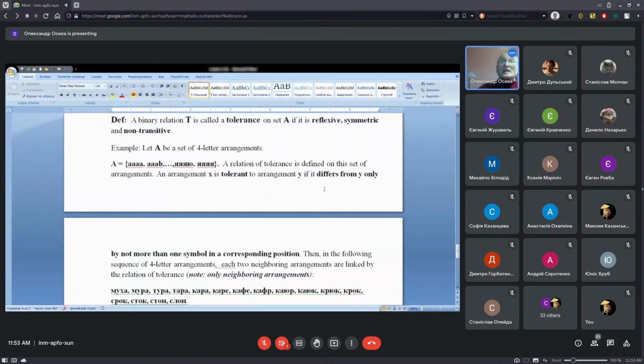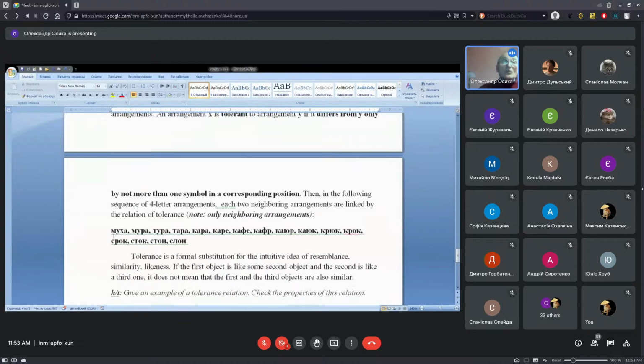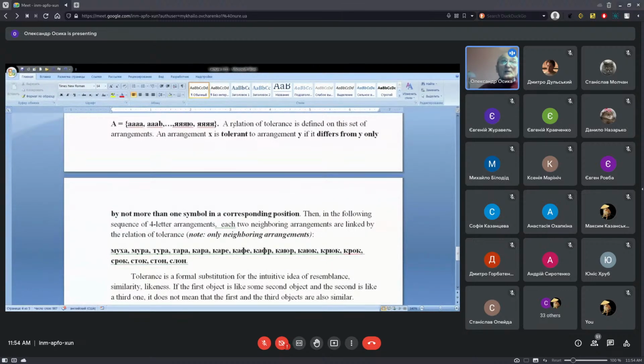If I said that it differs by one symbol only, then Mucha doesn't differ from itself, and it would not be in the relation that we defined here.